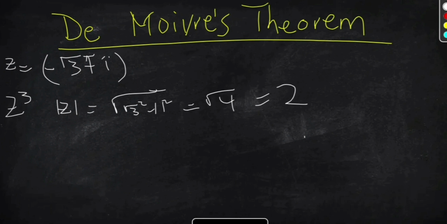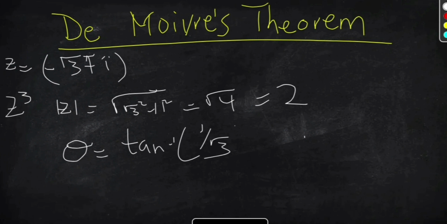To find the angle, theta equals tan inverse of 1 on root 3. That gives 30 degrees. This lies in the second quadrant: negative root of 3 and 1.